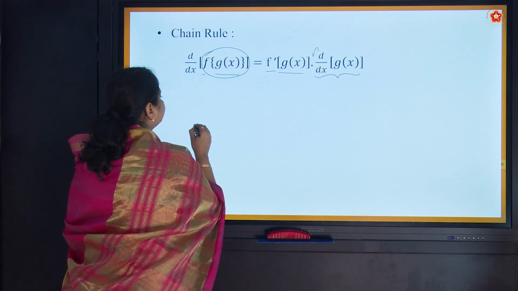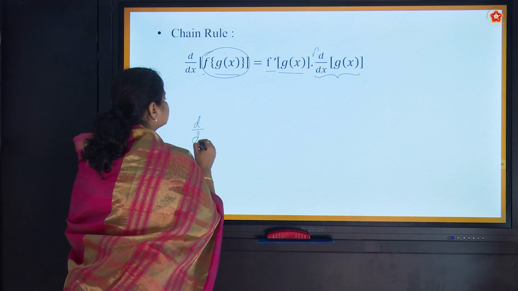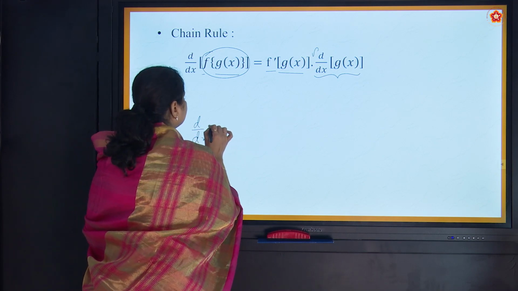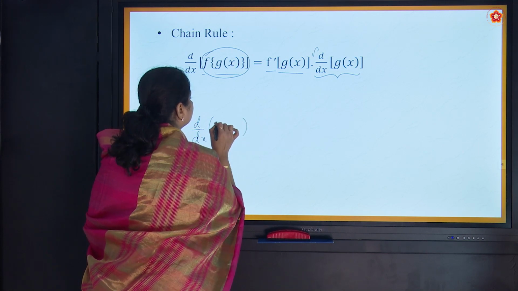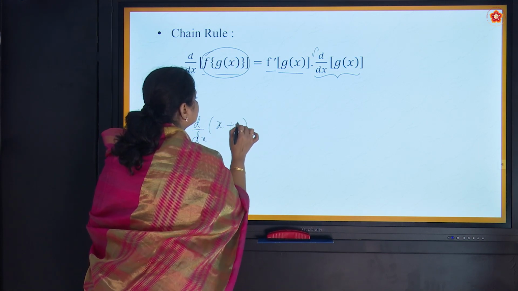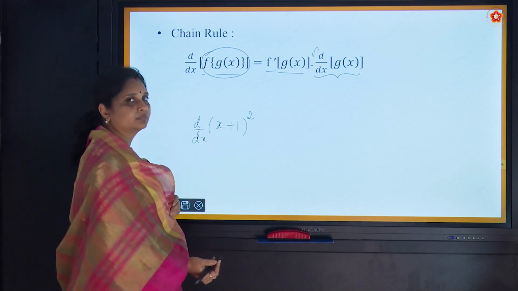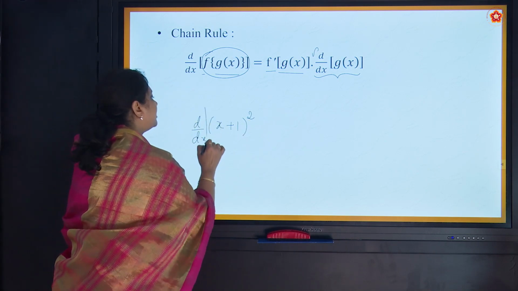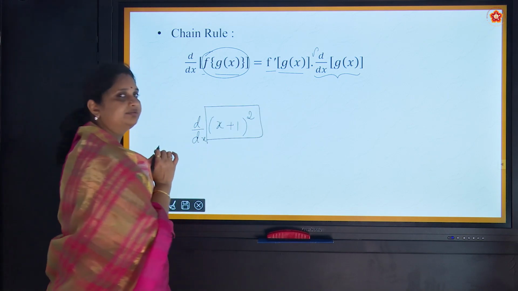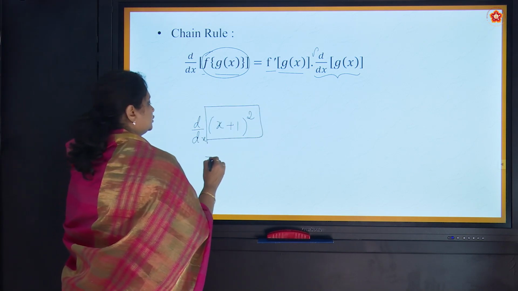For example, d by dx of x plus 1 the whole square. Here it is the power function that has to be differentiated first, the outermost function. So what do you do?